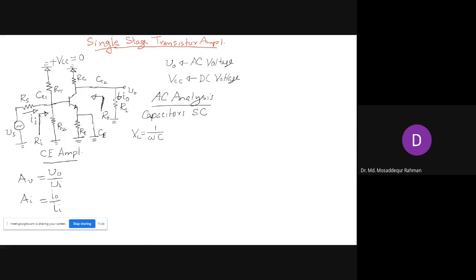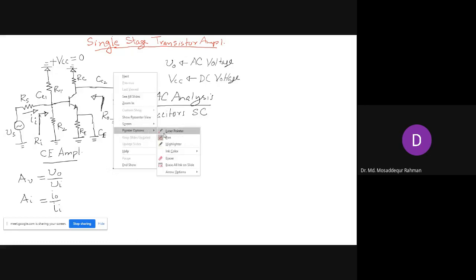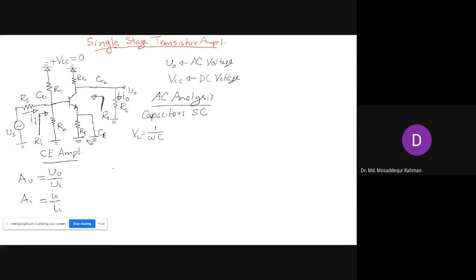Before we proceed, we simplify this circuit. We see that RE is shorted here. This means we have short circuited the capacitors, so RE is shorted out. So we have to remove RE because it is short circuit.